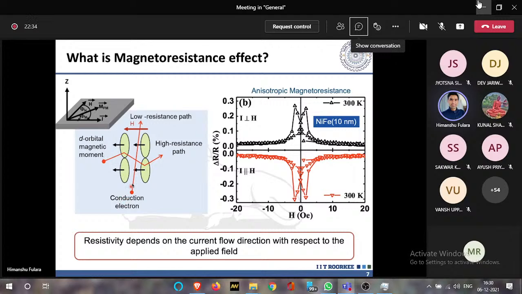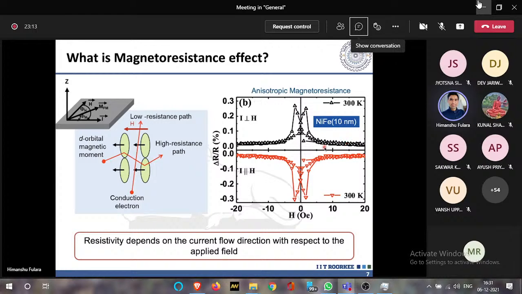When the magnetic field is perpendicular to the current, the conduction electron, which goes opposite to the flow of current, experiences very little scattering, so your resistance is very small. But when the current is parallel to the magnetic field, the scattering is very high, and your resistance is very high.